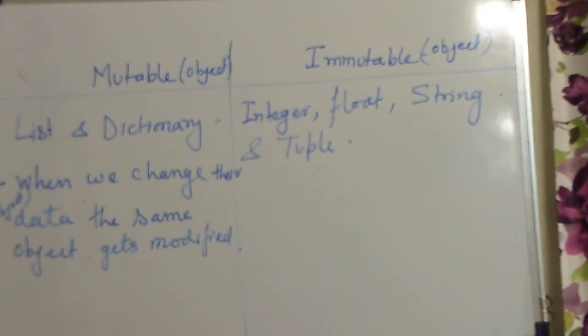What happens then in immutable type? Their data cannot be modified if we try to modify it.